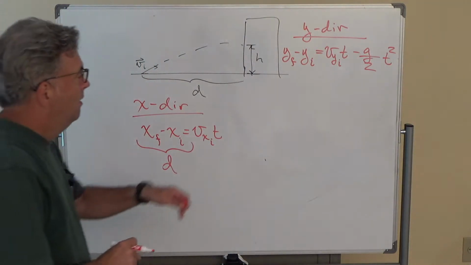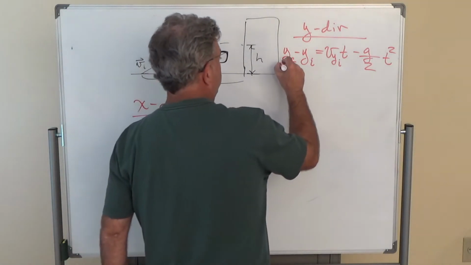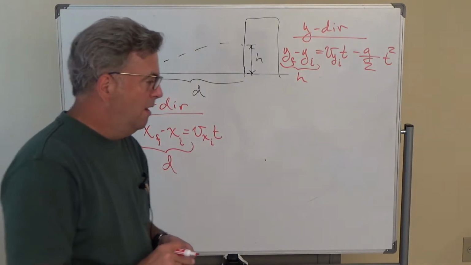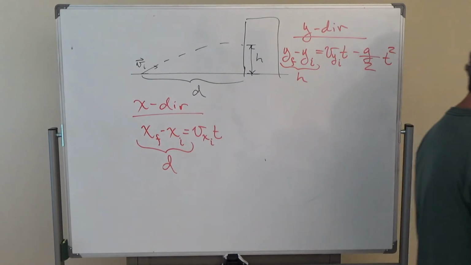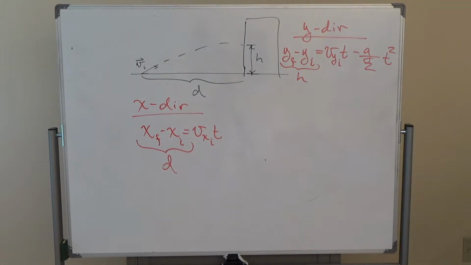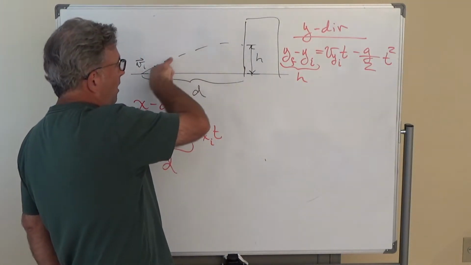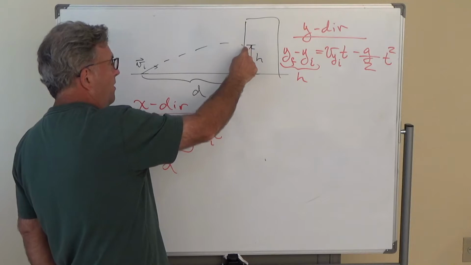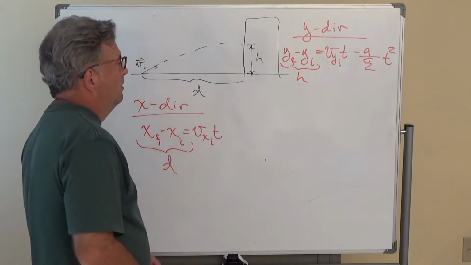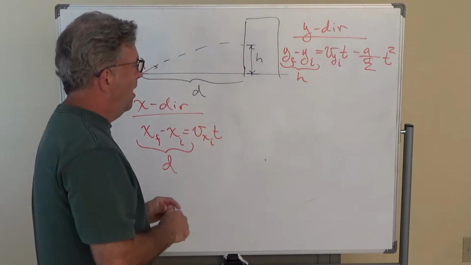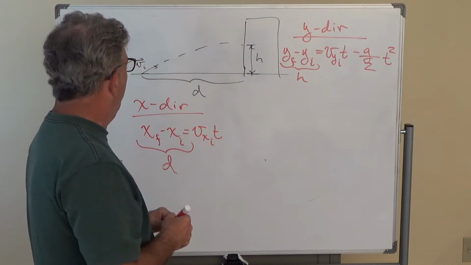This distance is h. Now, the way they have it drawn, it looks as though this stream is going up and then coming down. So it's on that downward part of the parabola.